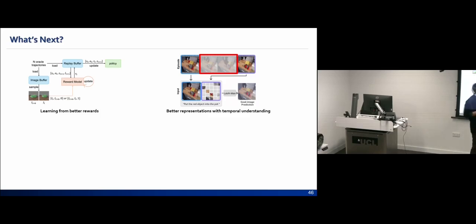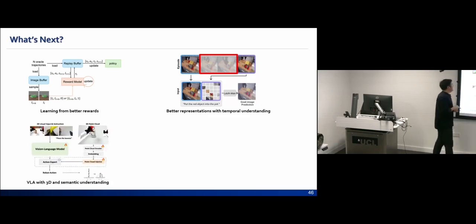But at the same time, we can somehow use these intermediate images to let the model learn some temporal transitions of the robot, or the temporal movements of the robot. So now we are extending our previous work to have a representation with some temporal understanding, which might be useful for, let's say, a more dynamic environment.